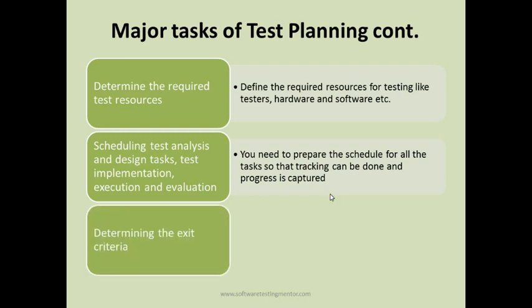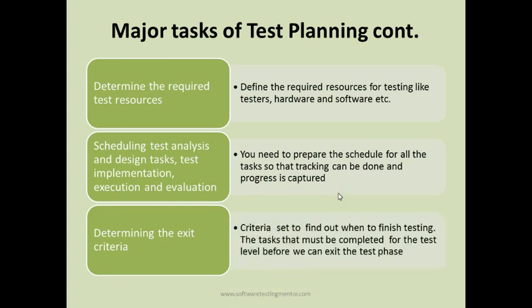Then you need to determine the exit criteria. So after scheduling the test analysis and design task, you need to determine the exit criteria for the testing. So criteria set to find out when to finish testing, the tasks that must be completed for the test level before we can exit the test phase. So exit criteria is nothing but a criteria set to find out when you will stop the testing, when you will say that testing is finished.